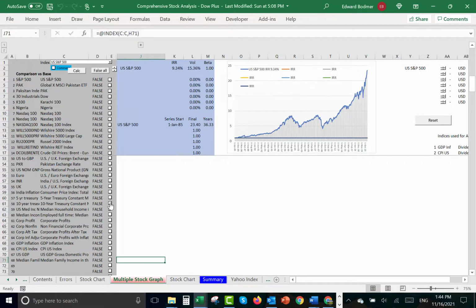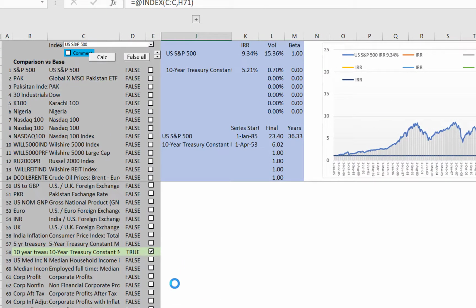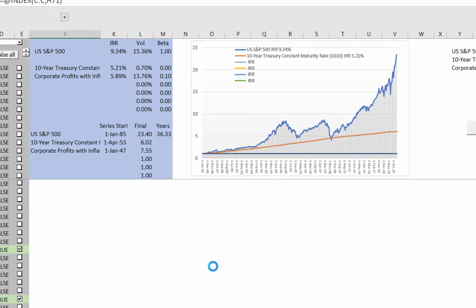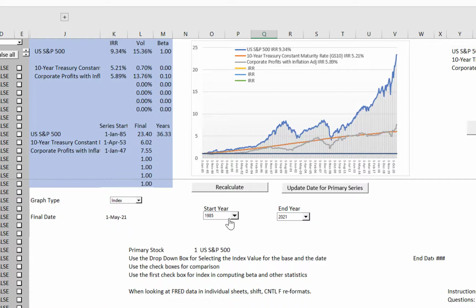Let's look at, again, the 10-year bond, and then let's look at corporate profits after tax. How's that? With inflation. And then you can kind of see the exact phenomena we're talking about, that the stock prices have gone up.